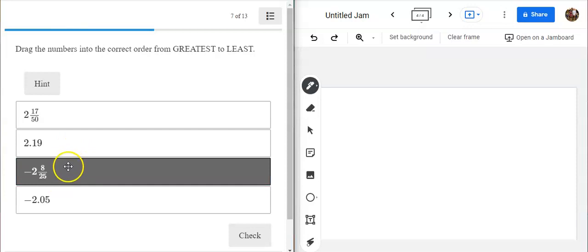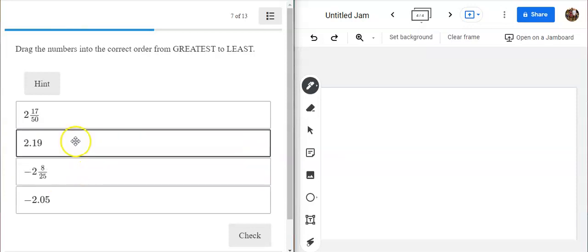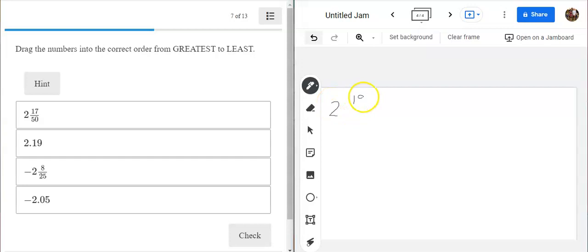I'm going to change this one right here, 2.19, into a fraction. So my whole number is 2. I'm going to write 19 on top. 9 is in the place value of hundredths, so 19 over 100. Then I'm going to change my 2 and 17 over 50 to have the same denominator.